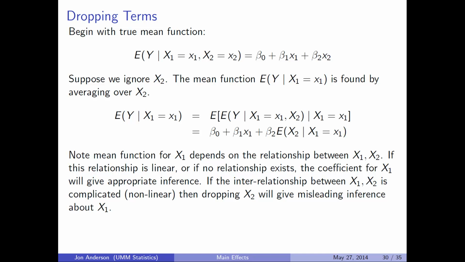However, if x1 and x2 are related in a more complicated nonlinear fashion, then a mean function that only has x1 in it is going to be very misleading. So this is why we will always be looking at scatterplot matrices of the two predictors with each other, because that tells us something very important about the problem. If we miss a predictor, what will happen to our inference about the remaining one?